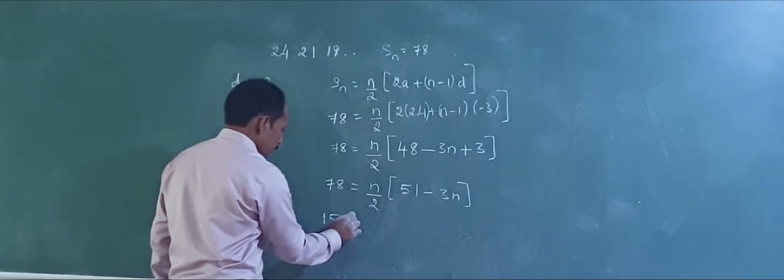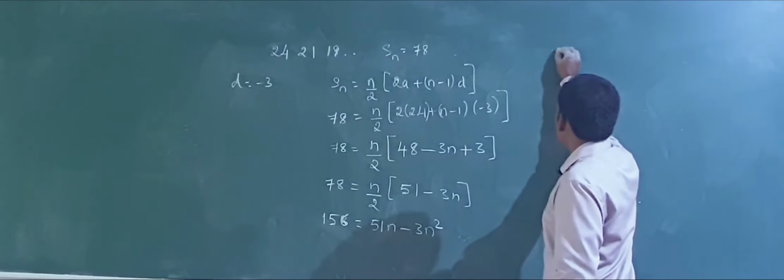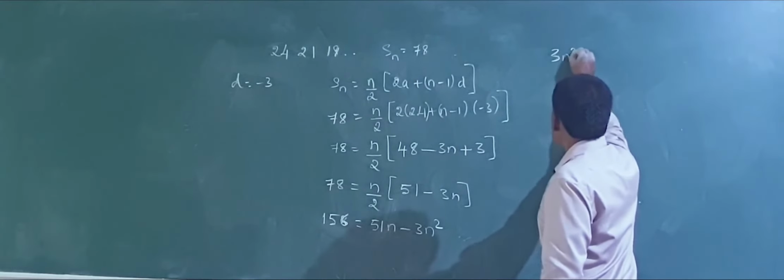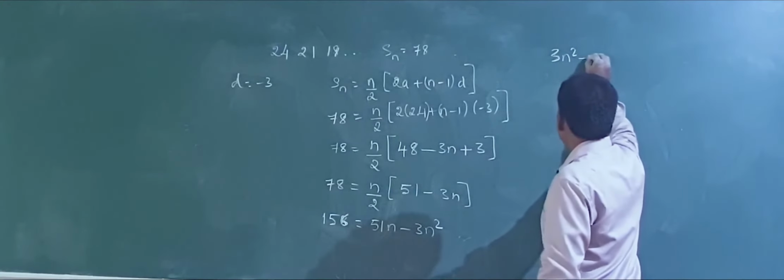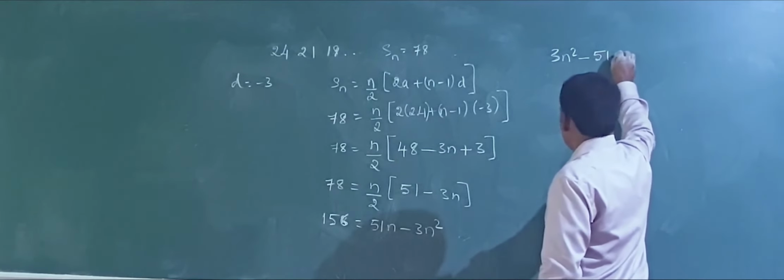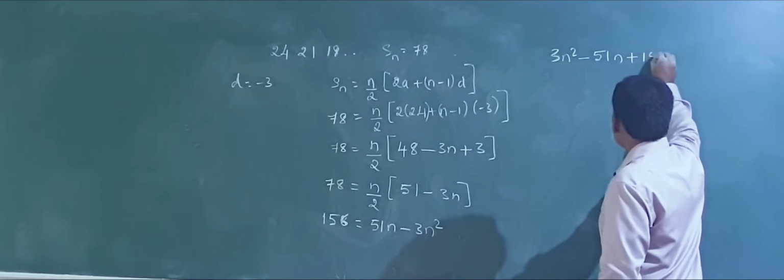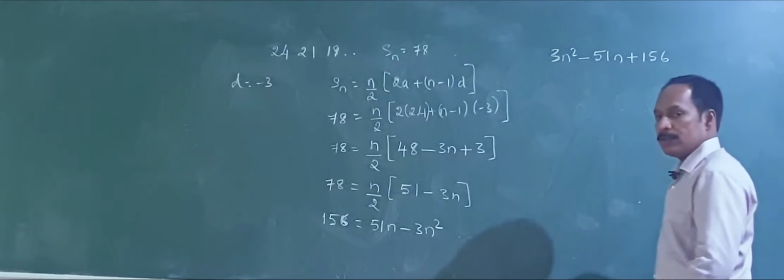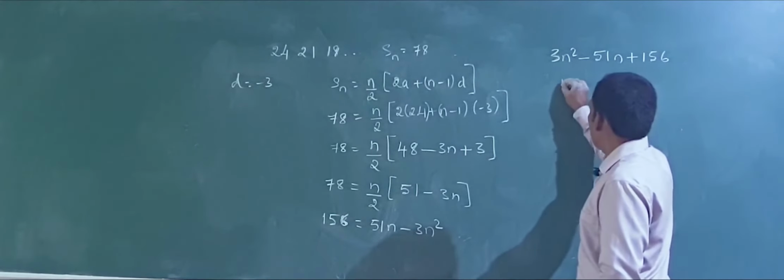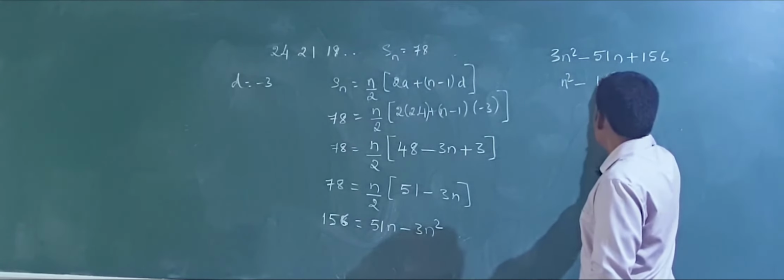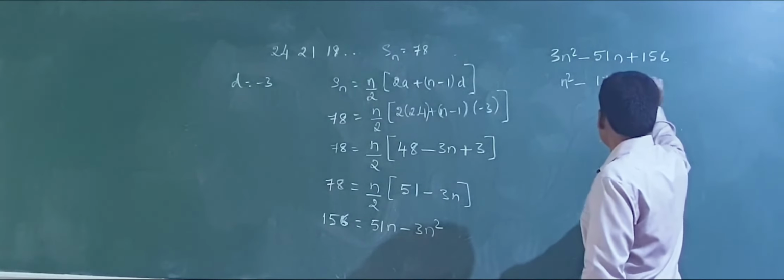Double this, 156 will be 51n minus 3n square. Take this to one side: 3n square minus 51n plus 156. It is divisible by 3, so divide by 3 also. So we get n square minus 17n plus 52.